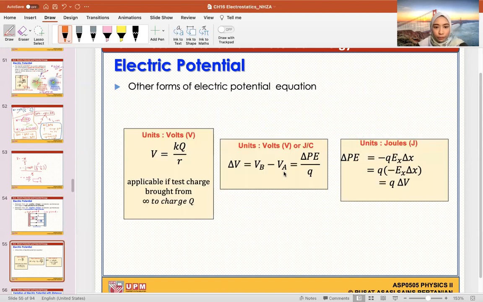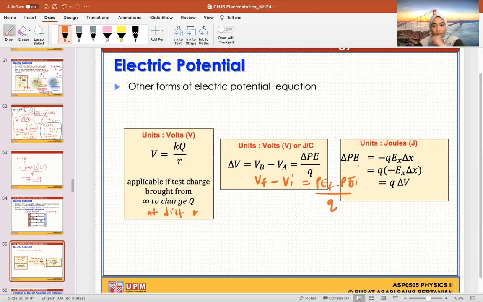Okay, so other forms of electric potential equation. So here we have our V equals KQ over R, applicable if a test charge is brought from infinity to charge Q at distance R. Forgot to mention that. And then delta V is VB minus VA, or V final minus V initial, equals delta PE over Q, or PE final minus PE initial over Q. Sama je.